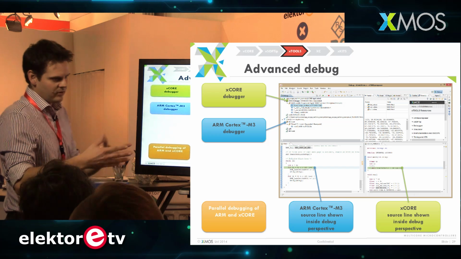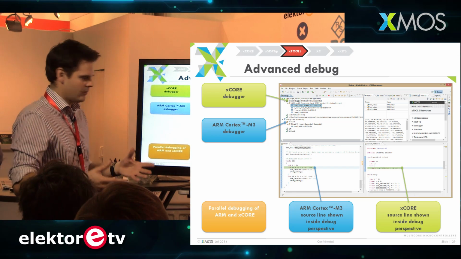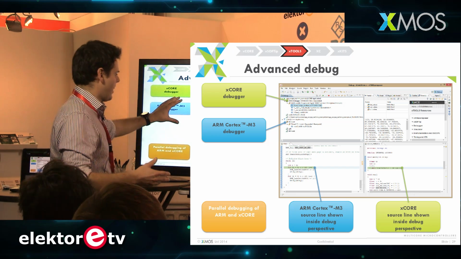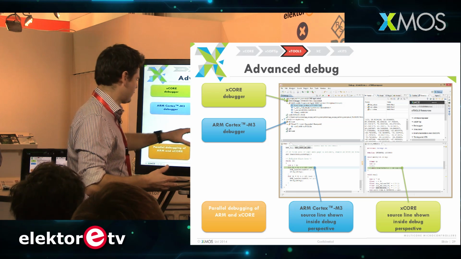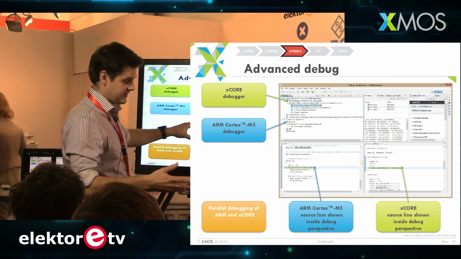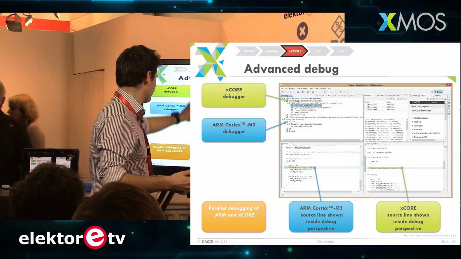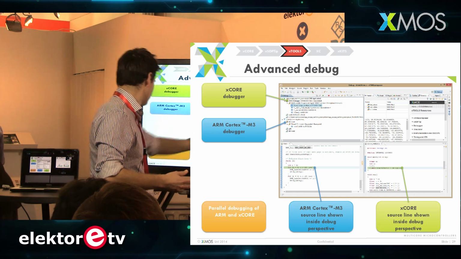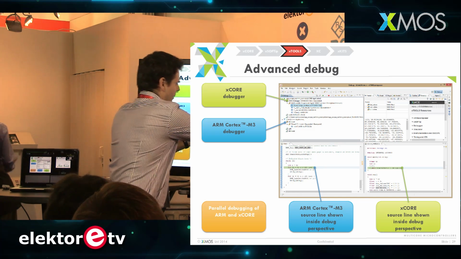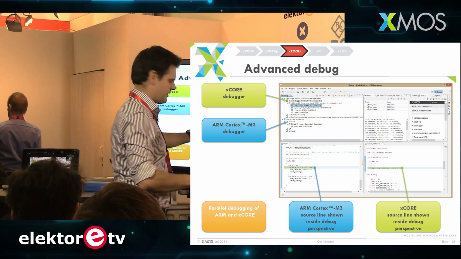And when you've built your application, you're going to run it, you want to debug, and the IDE switches into another mode, the debug mode, and it has very advanced debug features. So we have the debugger information here, breakpoints and code, and these two parallel windows are the xCore and the ARM.